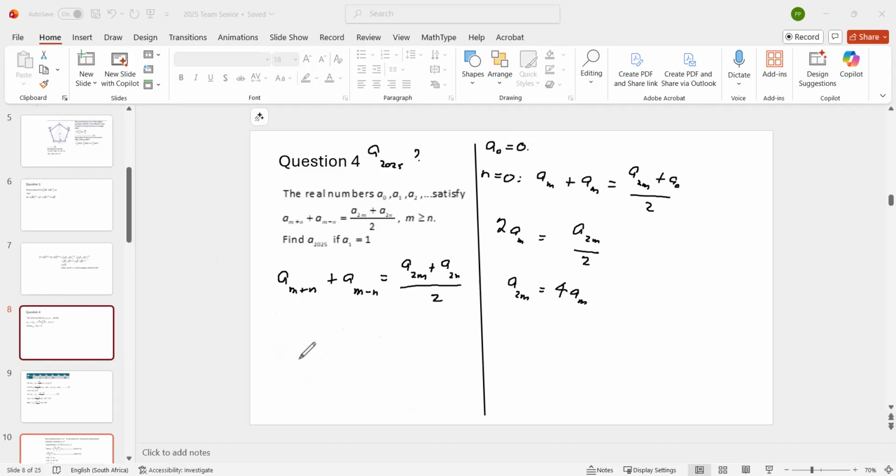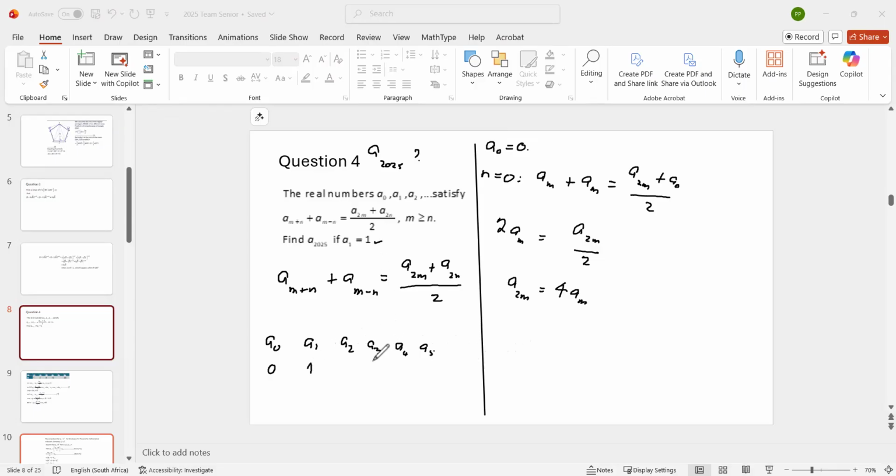So what do I have? If I put a_0, a_1, it's given that a_1 equals 1, a_2, a_3, a_4, a_5, and so on. We know that a_0 is 0, a_1 is 1.